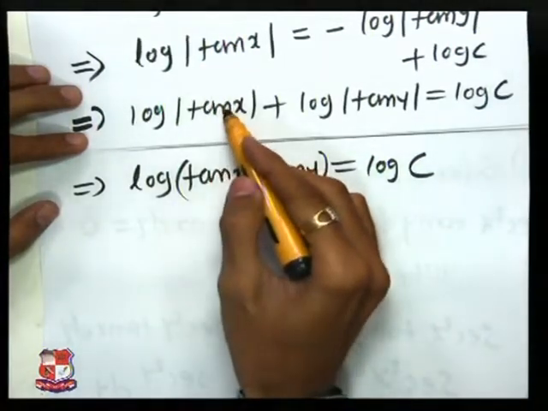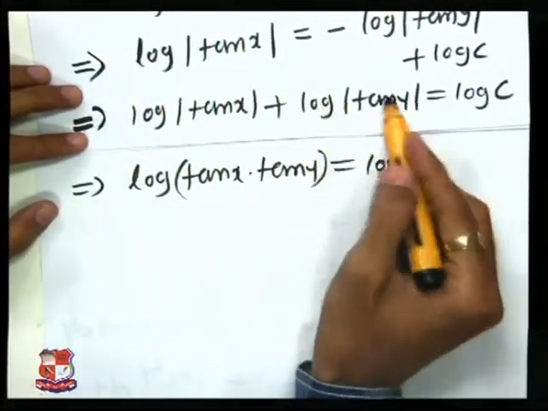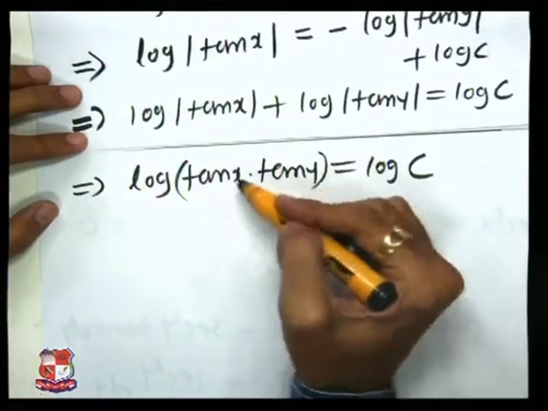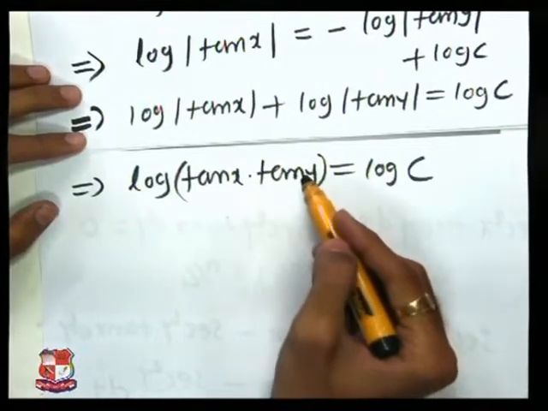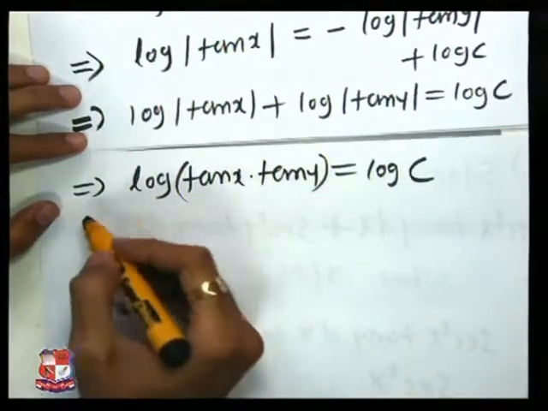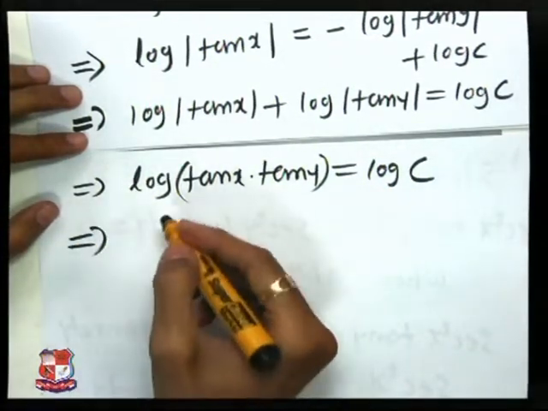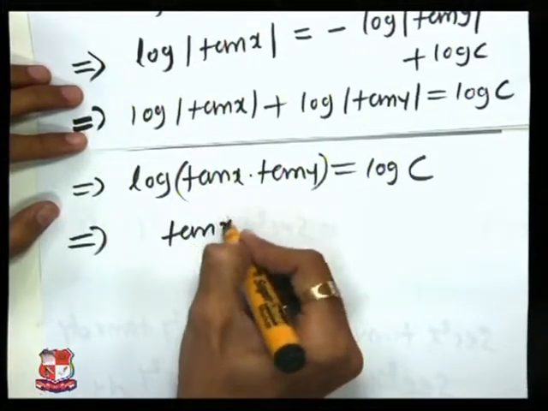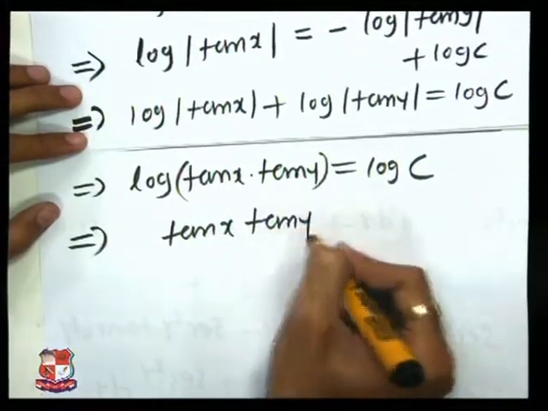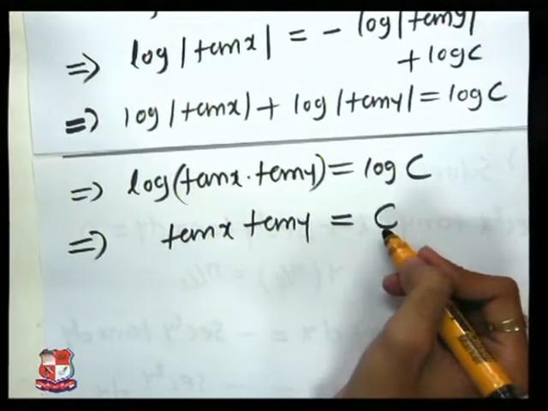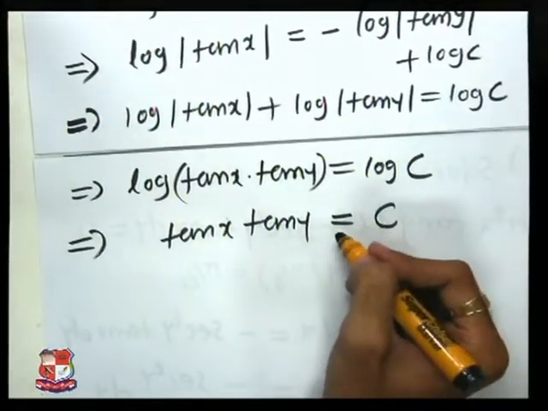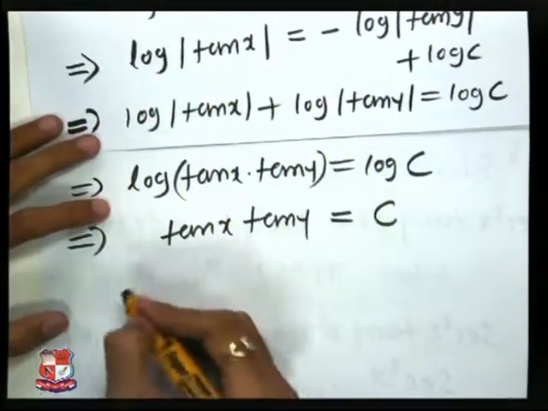Here log a is tan x and log b is tan y. By taking antilog on both sides we will get tan x into tan y is equal to c. This is our general solution.